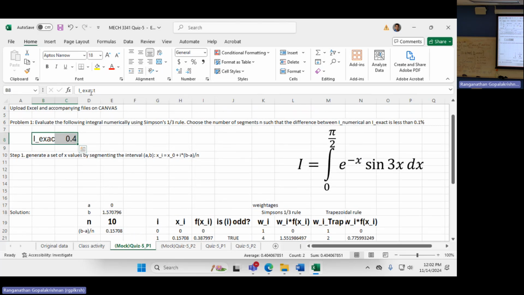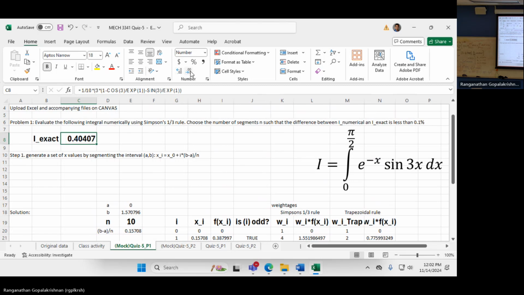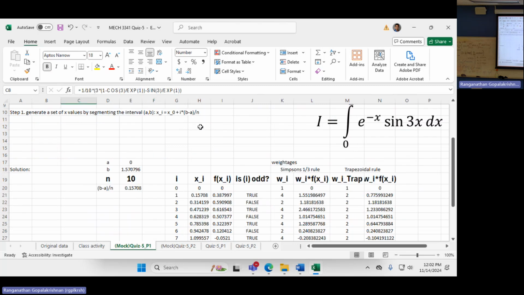If I didn't make any mistake on the board here, I think I'm right. So for the moment, let's consider this to be correct. I could have made mistakes, but I don't think so right now. Let's just assume it's right. The exact answer is 0.40 something.